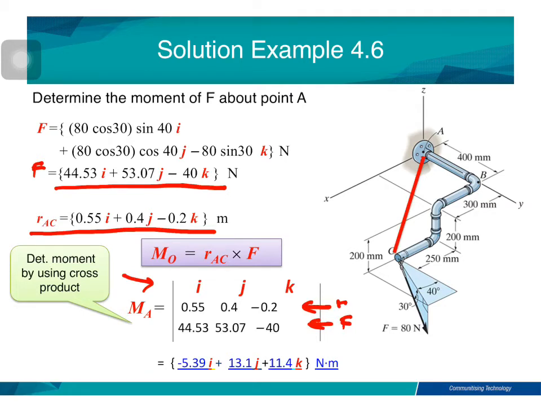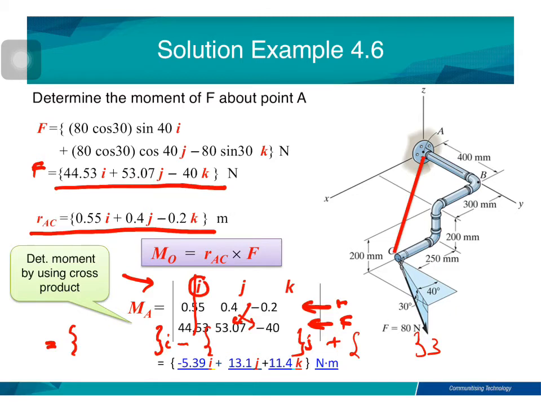Right? You can solve. So here first the element I. So it's equal to element I, and then minus element J, plus element K here. So for element I, you have 0.4 times negative 40 minus negative 0.2 times 53.7.